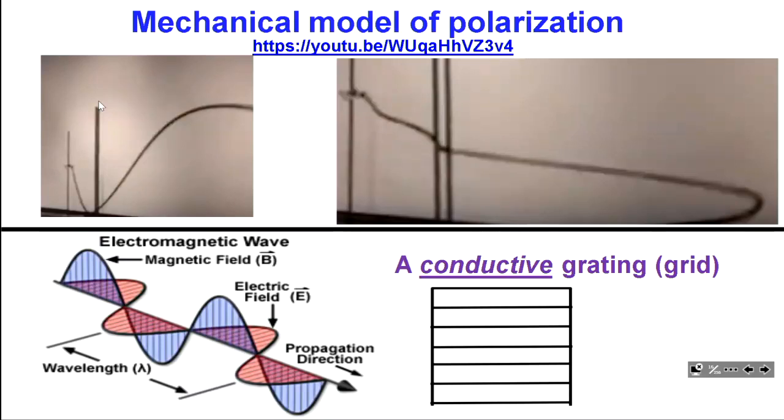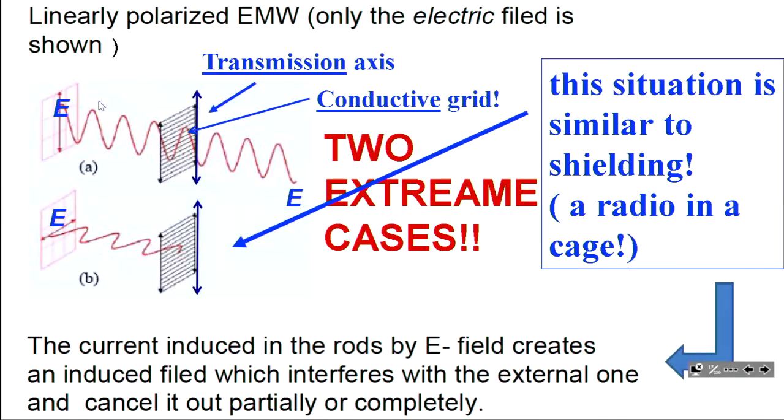Well, if the electric field is parallel to the conductive lines, the grid, it generates a strong electric current, and that electric current generates a strong electric field, which actually cancels out the original one. It's like shielding. We had an experiment with a radio in a cage, same phenomenon.